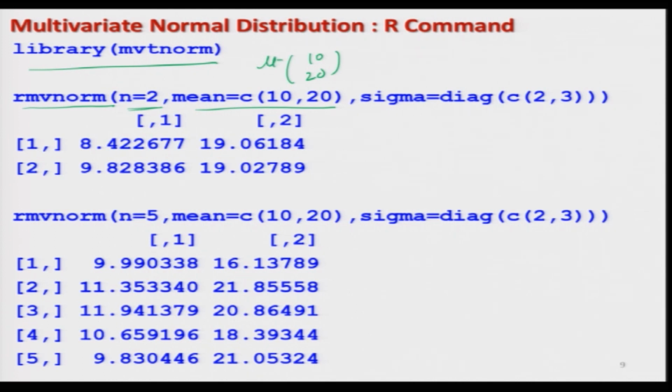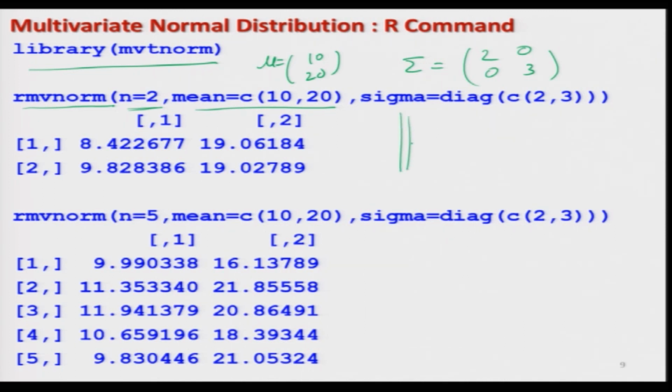For sigma, I am giving a diagonal matrix with 2 and 3 on the diagonal, and the off-diagonal elements are 0, but you can choose anything; that is up to you. The only condition is that sigma has to be a positive definite and symmetric matrix. Right. So, if you do this, you will get this type of outcome.